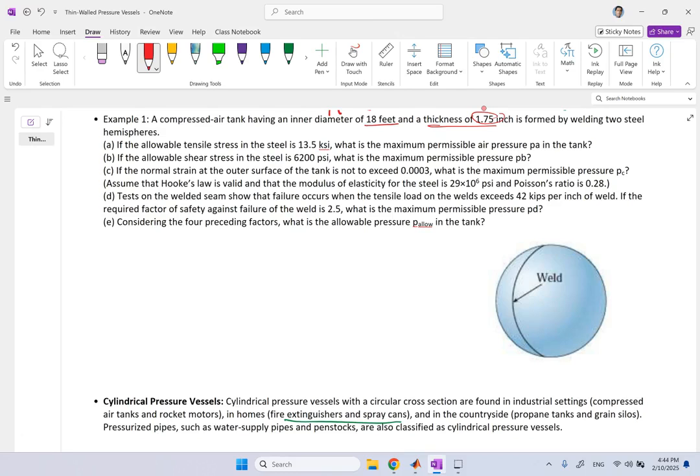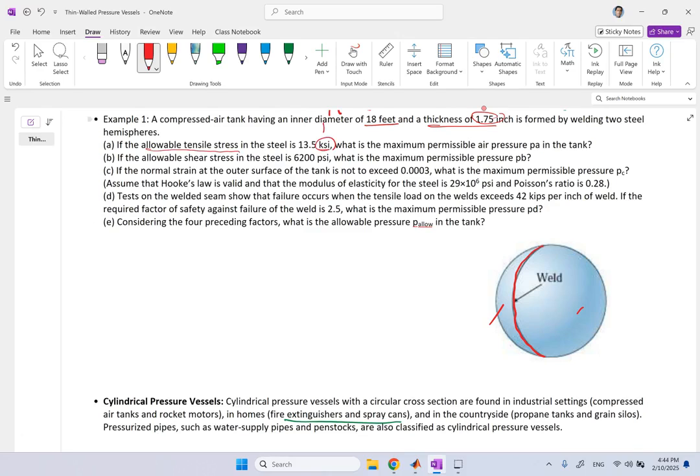Now, the way that they formed it, they had two hemispheres and then they welded them. So that is the weld bead that you can see. And this is how they made it. Now, the allowable tensile stress in the steel, this is the maximum tensile stress in the material of this tank, is 13.5 KSI.